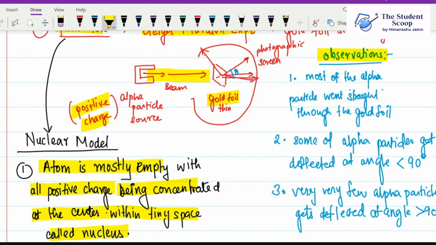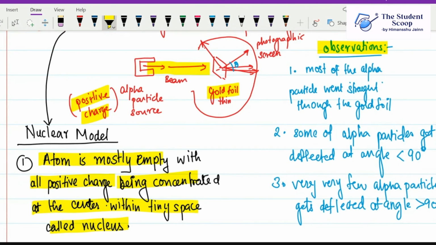So the atom has a very small positive part at the center, because of which there was slight deviation when the alpha particle came close to the nucleus, and when the alpha particle had a head-on collision with the nucleus, it showed deviation at angles greater than 90 degrees.